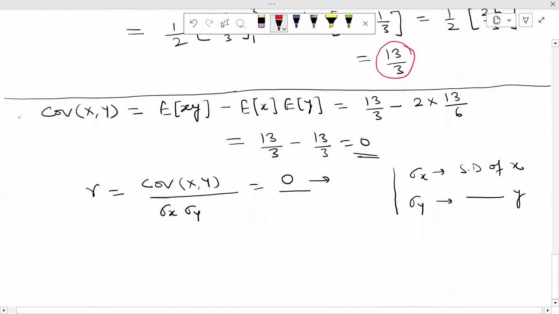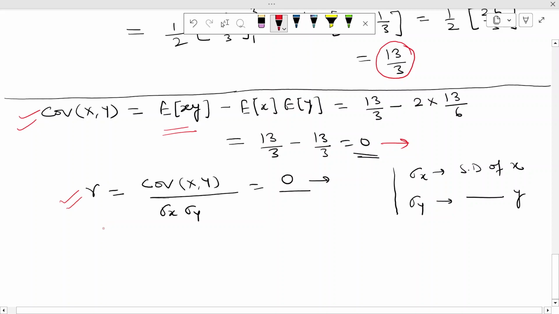Now the formula for the covariance is the expectation of xy minus the expectation of x times the expectation of y. So this is coming out 0, and because the covariance is 0, we have r also 0.